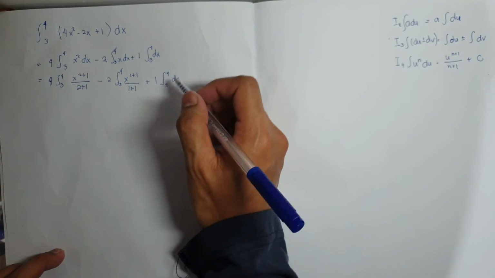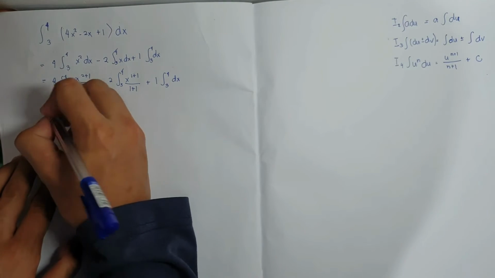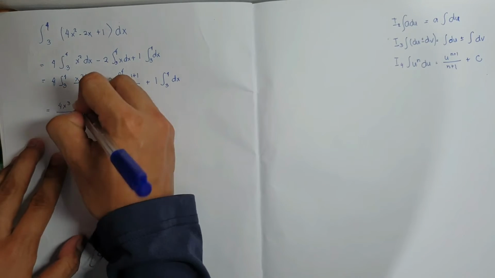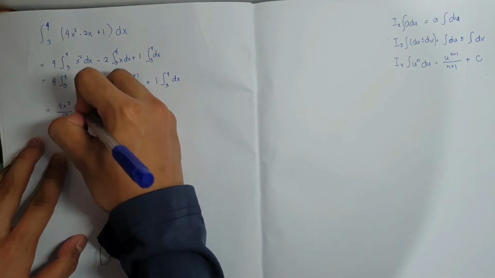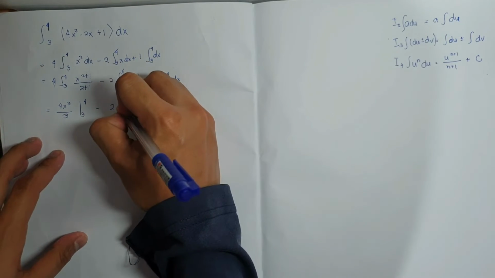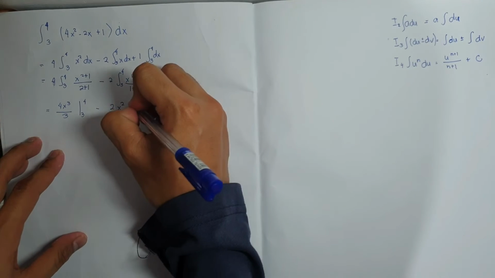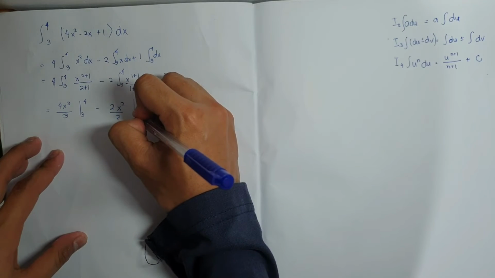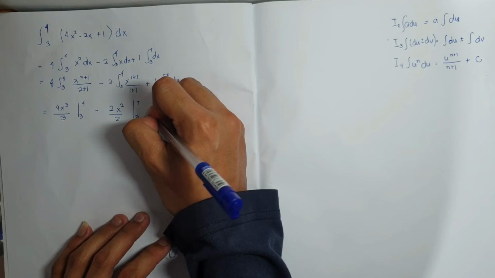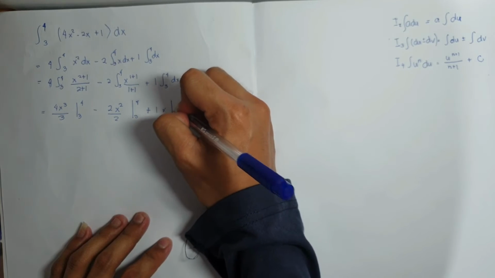Now we will simplify these whole terms, which equals 4x cubed over 3 from 3 to 4, minus 2x squared over 2 from 3 to 4, plus 1 times x from 3 to 4.